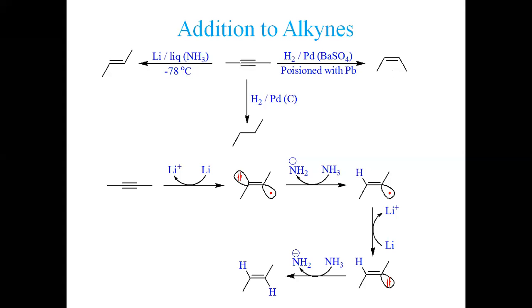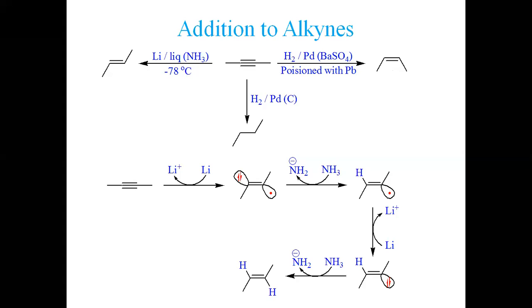We can do the hydrogenation over palladium, but the palladium should be poisoned, meaning the activity of the catalyst should be decreased. This is called Lindlar's catalyst, in which we poison palladium with lead. A palladium and lead alloy is used. Palladium is very active, very expensive as well.